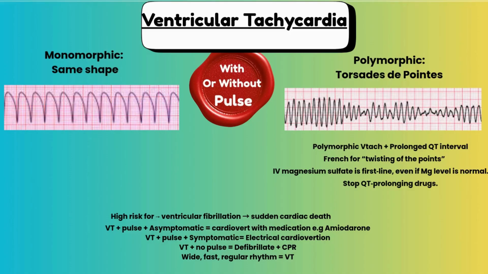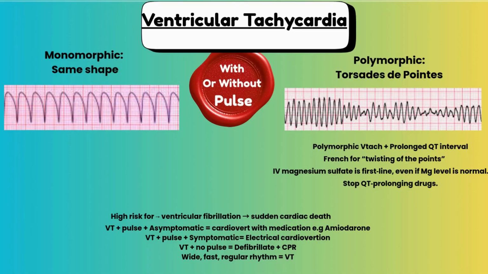VTAC can look monomorphic, whereby the shape is the same and the QRS is fat and regular. Or it might present in a polymorphic shape, different shapes, but the tip is sharp. This type of VTAC is called Torsades de pointes, or twisting of the points in French. Usually a hint that the patient probably has a prolonged QT interval, which is caused by hypomagnesemia.